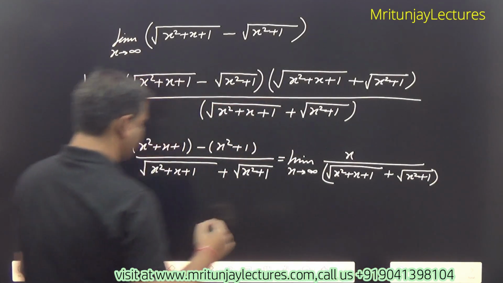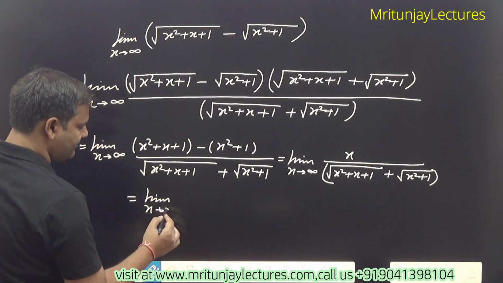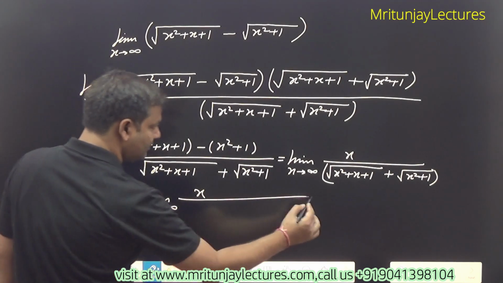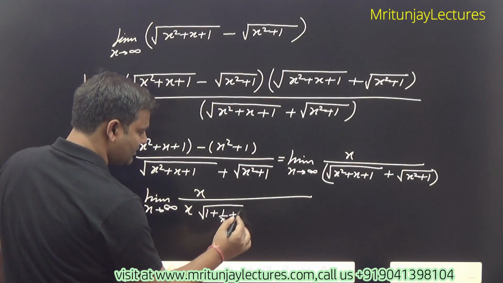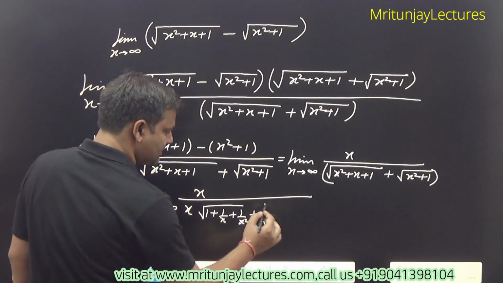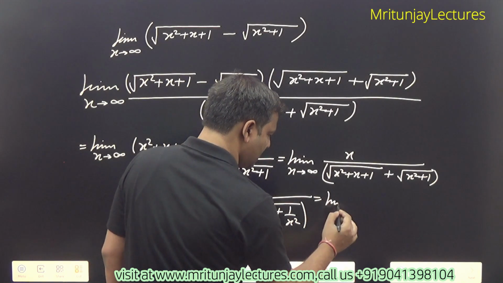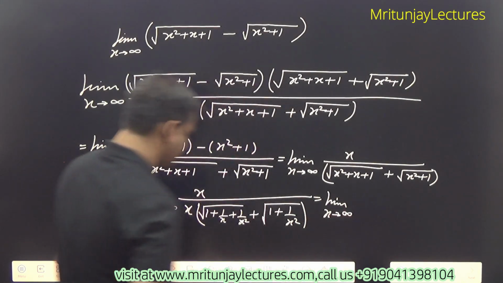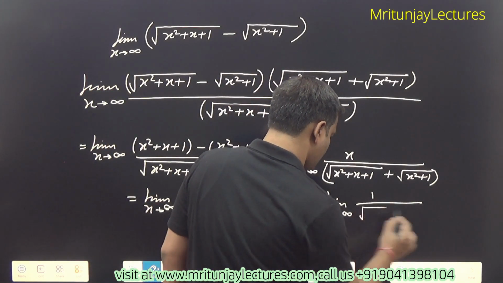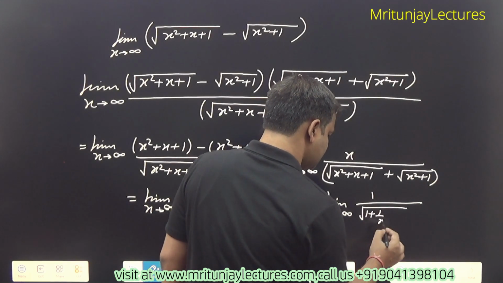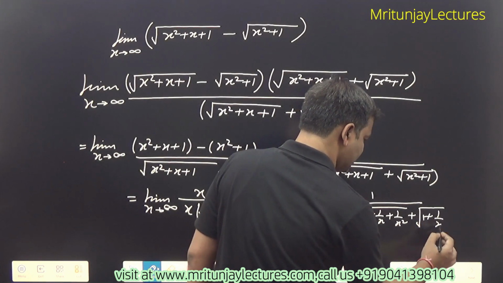Now after that, limit x tends to infinity, taking x common, we get 1 upon under root 1 plus 1 by x plus 1 by x square plus under root 1 plus 1 by x square.